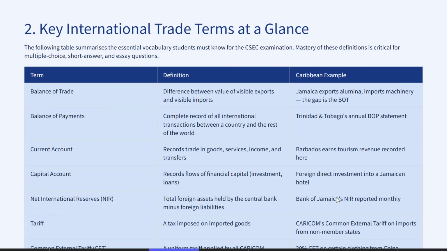Loans, to also include loans like borrowing money or lending money to other countries. All that to be part of the capital account. Right? Anything pertaining to long-term assets.